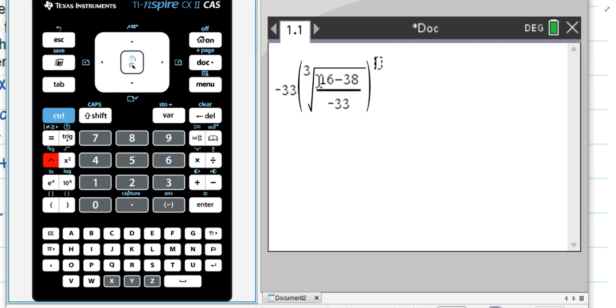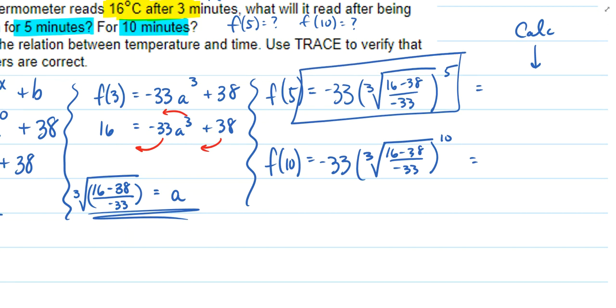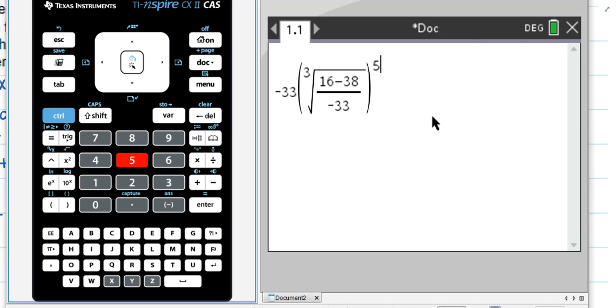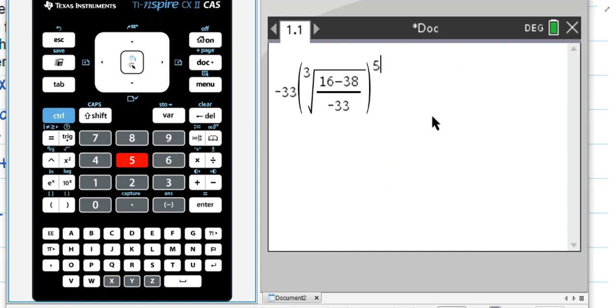And all of that is raised to the fifth power. So before I press enter, I'm going to double check. Does what I have on paper match what I've written into the calculator? And at first glance, that looks fine. And if I trust what I've written on the calculator or written on the paper, then I should be able to trust what I get back from the calculator.